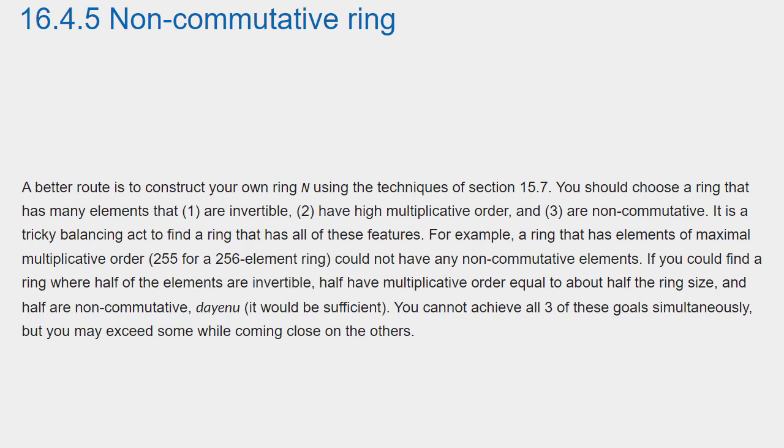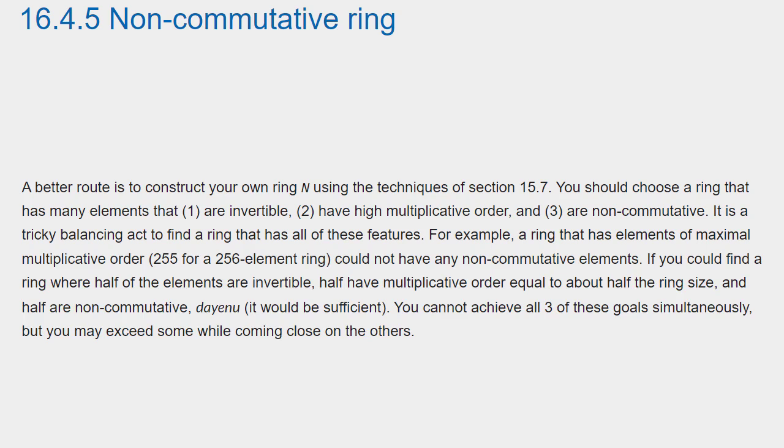You should choose a ring that has many elements that 1. Are invertible, 2. Have high multiplicative order, and 3. Are non-commutative. It is a tricky balancing act to find a ring that has all of these features. For example, a ring that has elements of maximal multiplicative order, 255 for a 256 element ring, could not have any non-commutative elements.